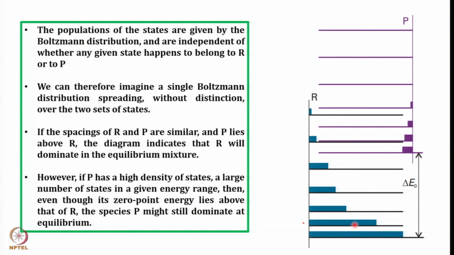It doesn't matter whether a given state belongs to reactant or to product. The population is decided by the Boltzmann distribution.